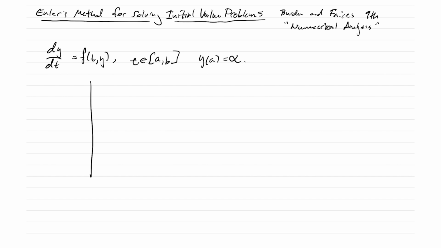So essentially, we know we have a differential equation, and we're starting, well, not necessarily at 0, but we'll just say at a, y of a is equal to alpha.